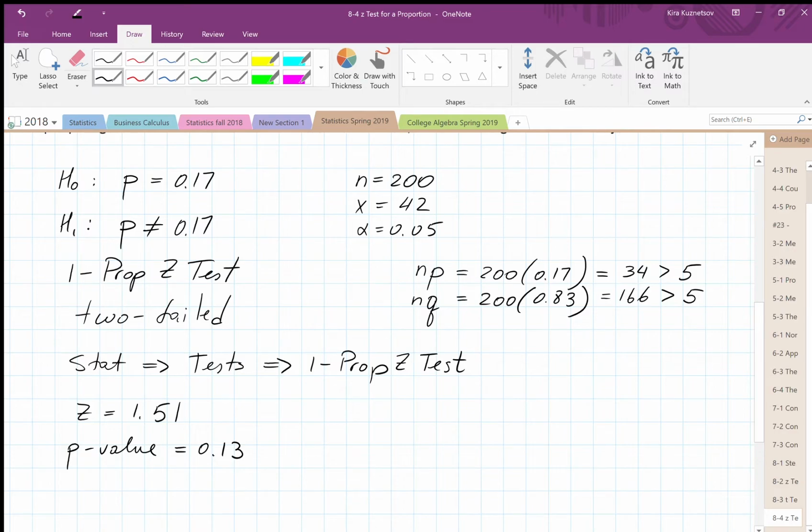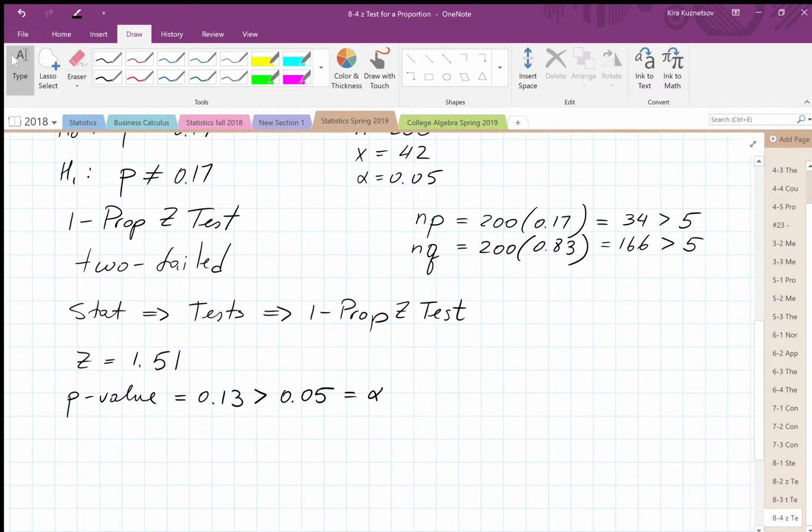At this point, the p-value gets compared to an alpha if you're using a p-value approach. At this point, 0.13 compared to 0.05 is greater than. So if your p-value is greater than your alpha, that means that your tail is bigger.